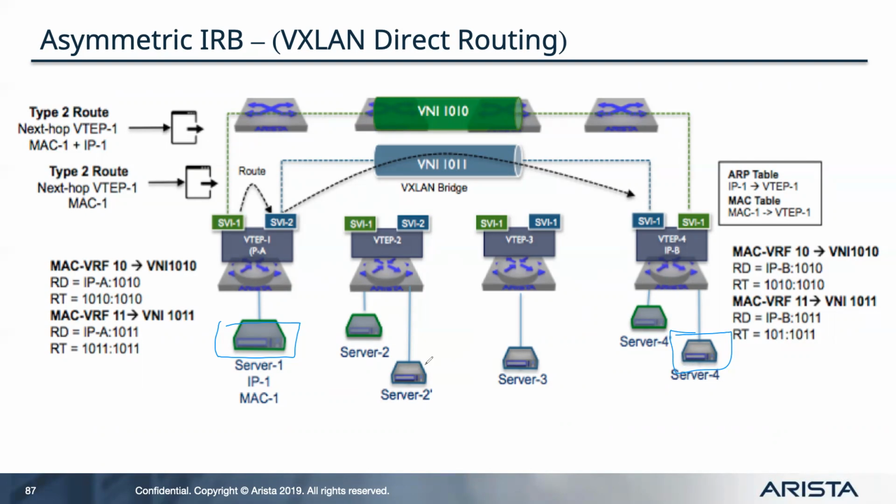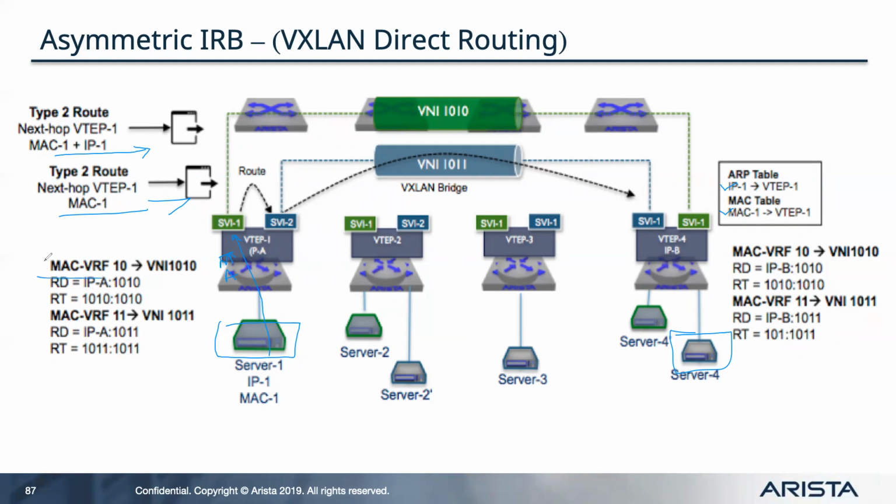Server 1 sends the packet to the gateway. You learn locally MAC and ARP, generate a type 2 route for MAC and a type 2 route for MAC and IP ARP, and advertise that route to the other VTEP, which updates its MAC and ARP table based on the type 2 route it receives.